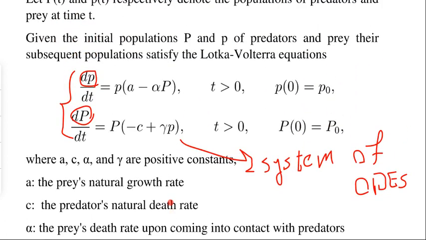And here we saw that the population of prey and predators can be modeled by using this system of ODEs, subject to these two initial conditions.